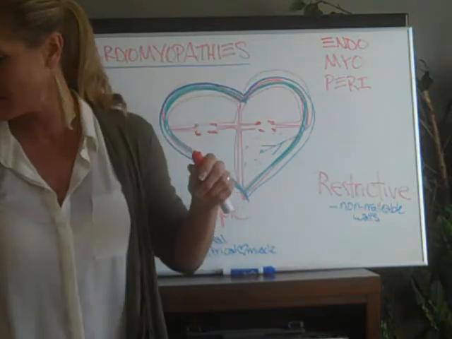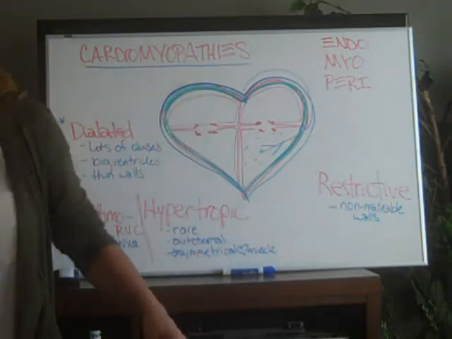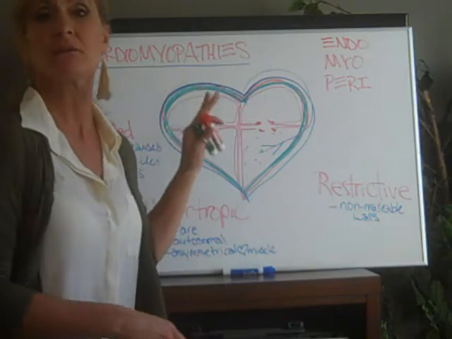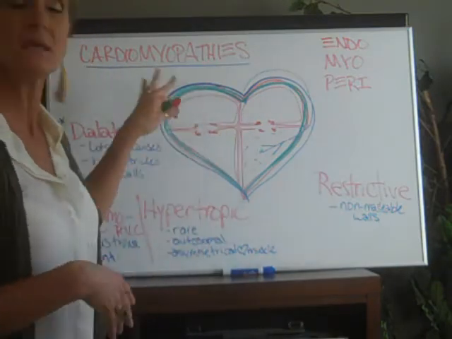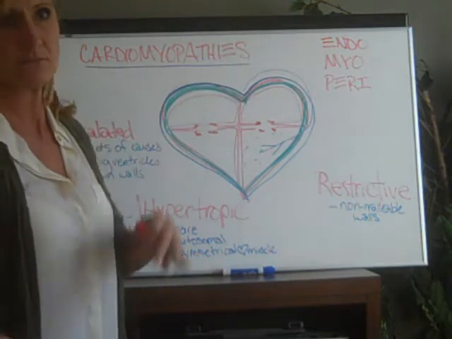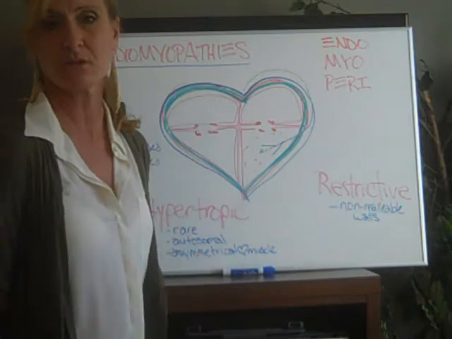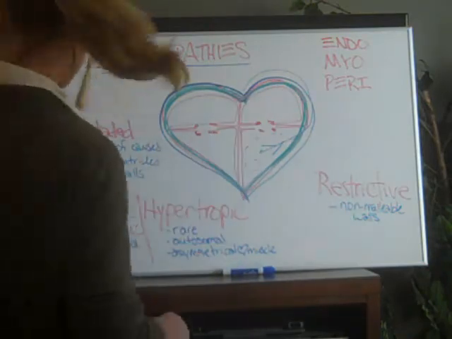It can swim upstream and cause the same kinds of things like PE or stroke, or if it goes to the kidneys or wherever it's going to go, it can cause emboli.